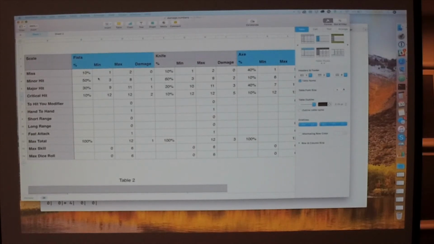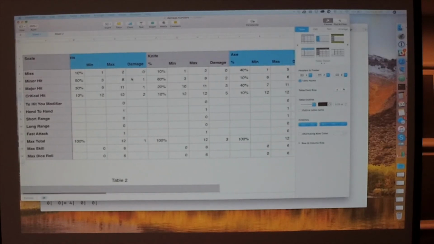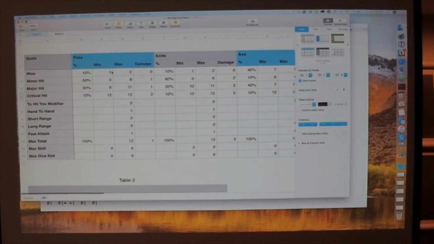So I decided that we'll have your chance to miss, your chance to get a minor hit, a major hit, or a critical hit. I'll divide your attack roll to give you a range of possibilities that were going to happen here. And so then I went through and I built out numbers, so we can see what's going to happen with the minimum amount of damage you could do, the maximum amount of damage you can do at different things here, or the minimum numbers that you're trying to hit, I'm sorry, and then the damage that would do.